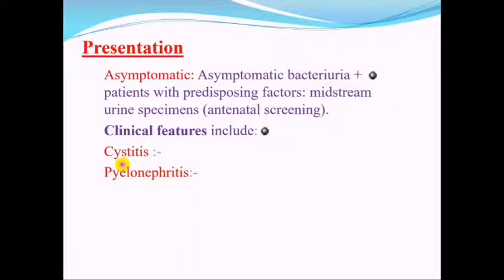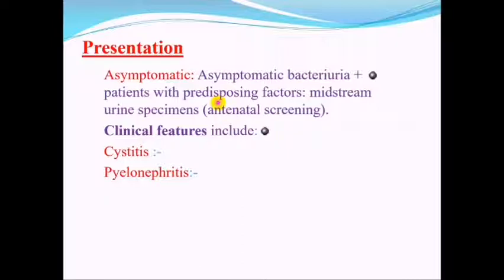The presentation of these females, as we say, is that of asymptomatic patients with asymptomatic bacteriuria. They have no symptom at all, but they have significant bacteriuria. Asymptomatic bacteriuria means that the patient has no symptom at all, but they present with some predisposing factor.